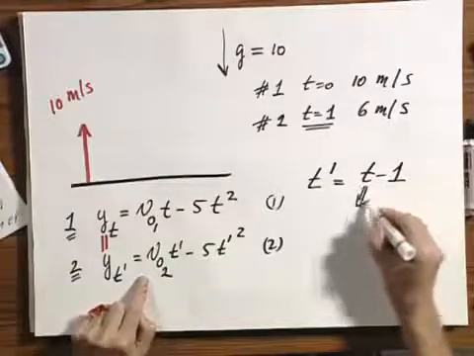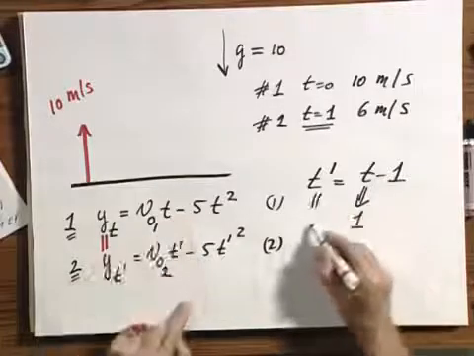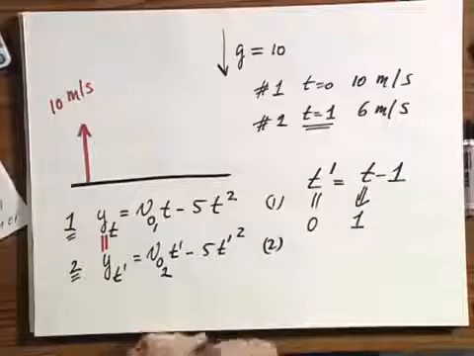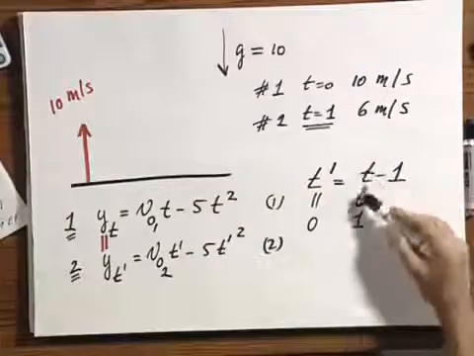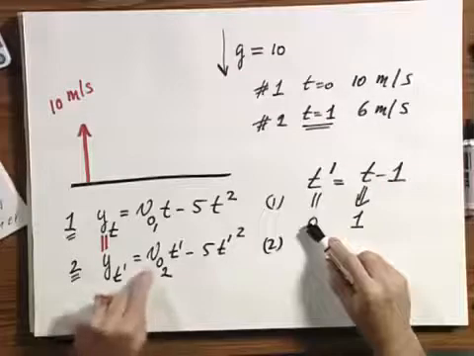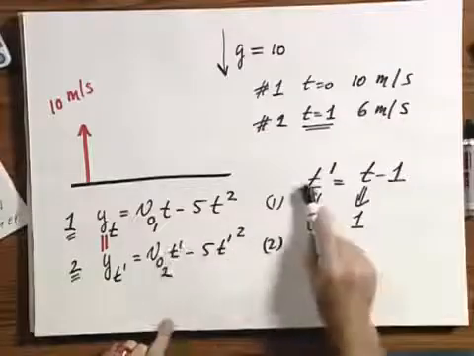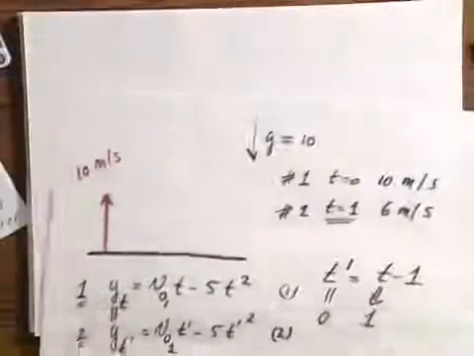And notice, when t in this equation is 1, 1 minus 1 is 0, that t' is 0. And that's exactly what you want, because when this object has already moved 1 second, this object starts at that moment. So the t' is t minus 1. Once you recognize that, you're well on your way.